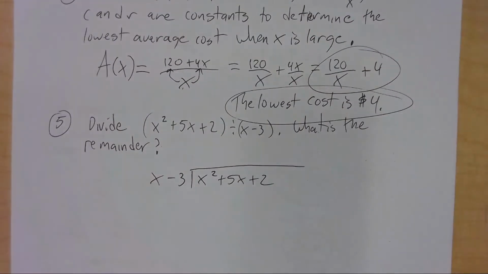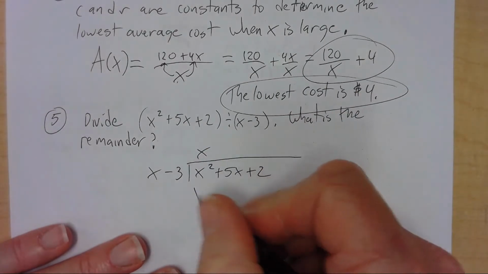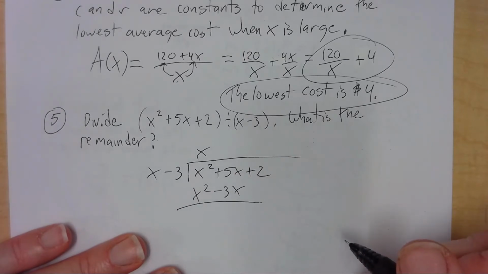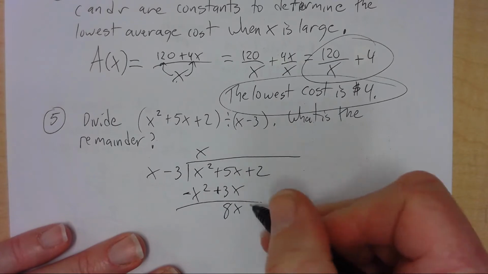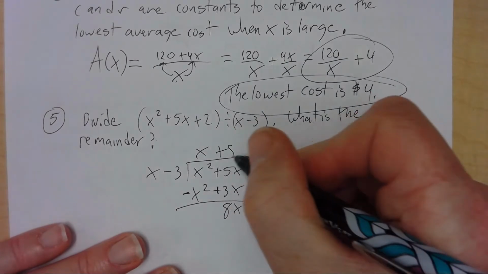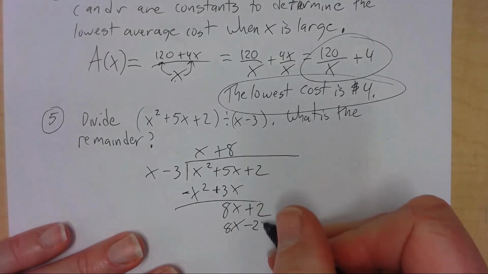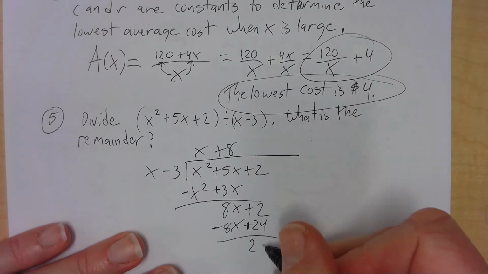So I said divide this, what's the remainder? So x goes here, x squared minus 3x, correct? Yes. Then we subtract it. When I subtract it here, it's really going to be adding it there, so it's 8x, drop the 2 down, and then I need an 8. So this times this would be 8x minus 24, and then I subtract this, which means I add this, 26.